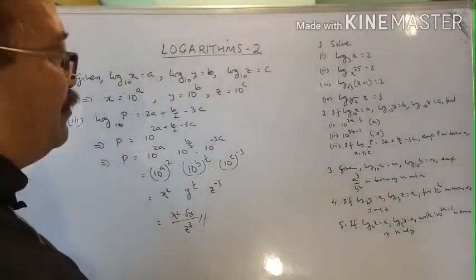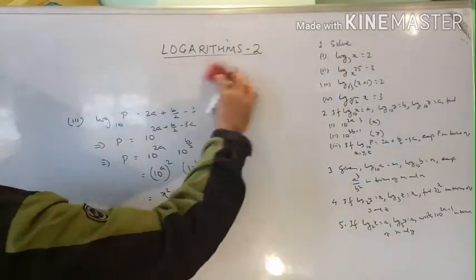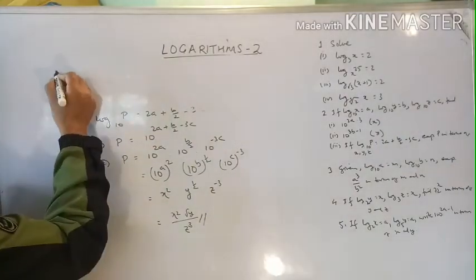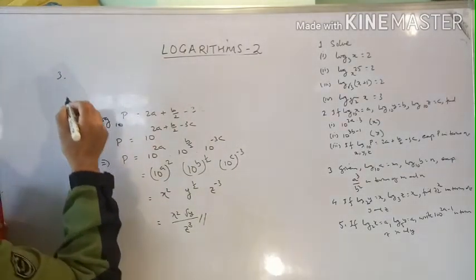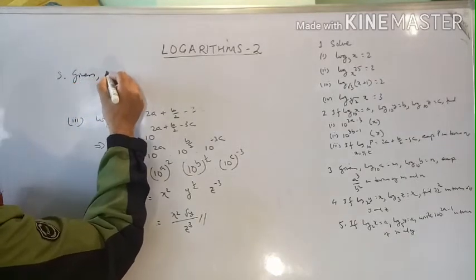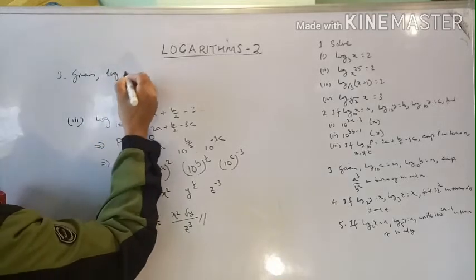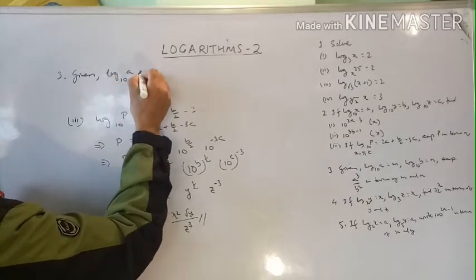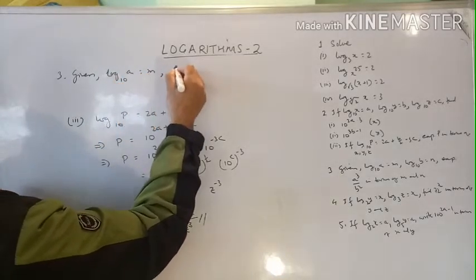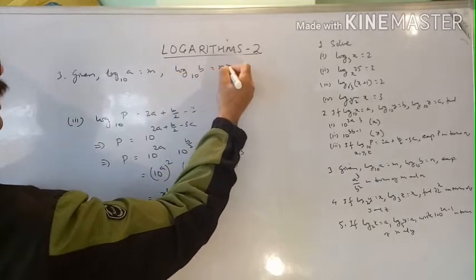Now take another example, that is number 3. Question number 3. So here, what is given are: log of a to the base 10 is equal to m, and log of b to the base 10 is equal to n.